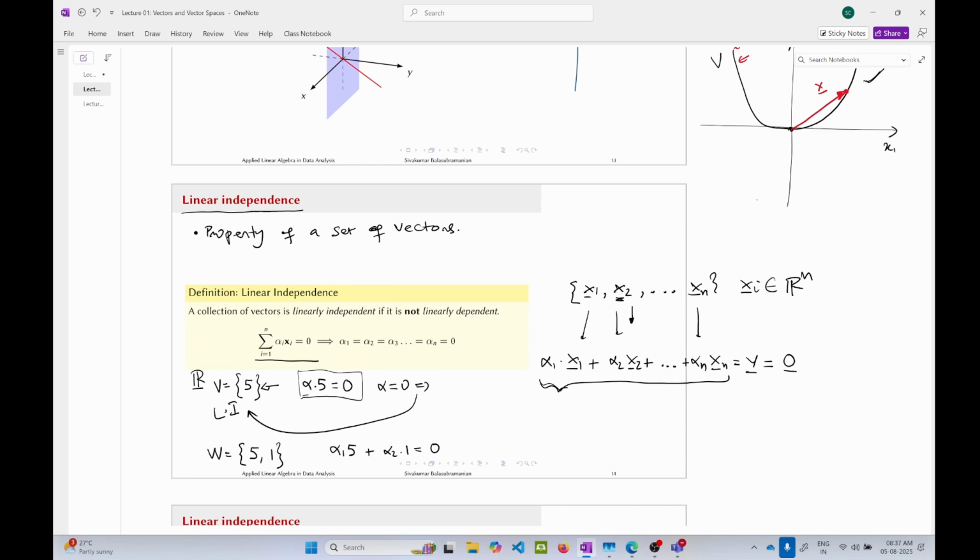But is there another combination that will produce the zero vector? Yes. If I choose this as minus 1, this as 5, that will produce a zero vector. That means there is a non-zero combination of alphas that will give me the zero vector. That means this is linearly dependent and it's not linearly independent.